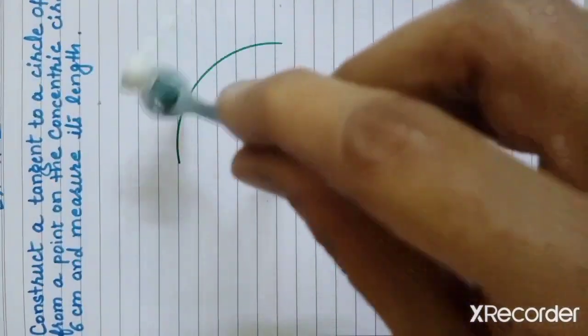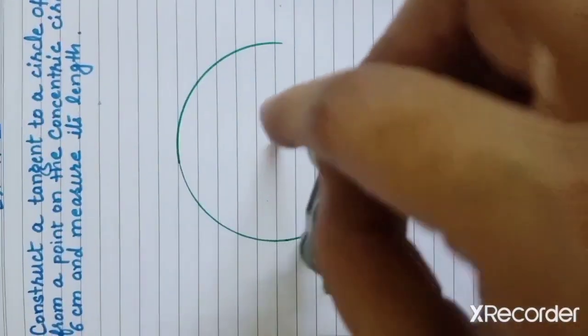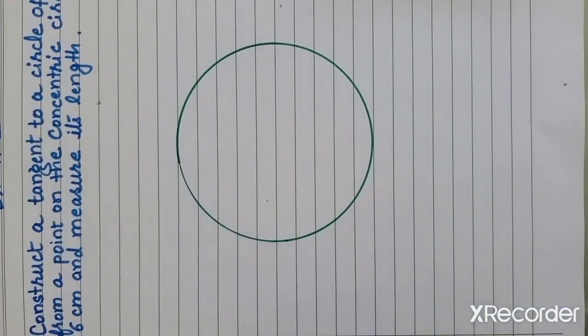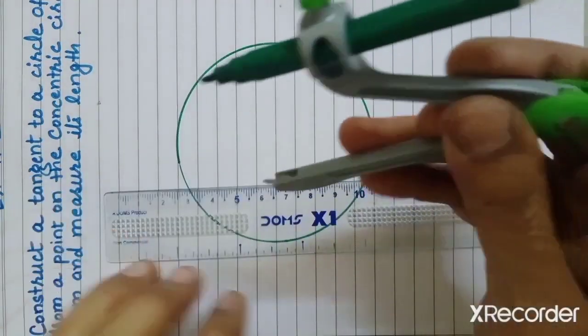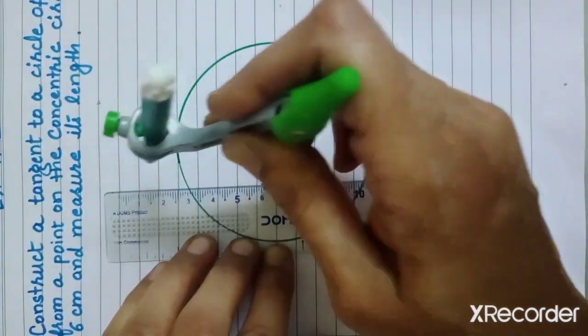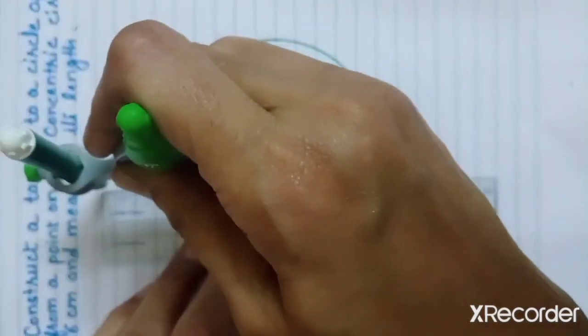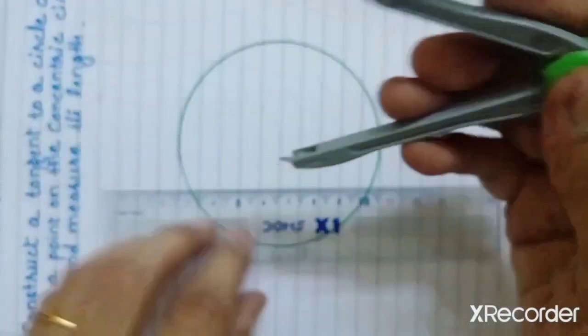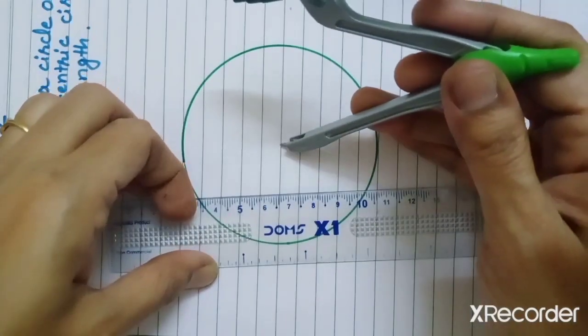Draw a circle. This is a circle of radius 4 cm. Secondly, you take 6 cm distance in the compass. Here it is, 6 cm, with the same center.